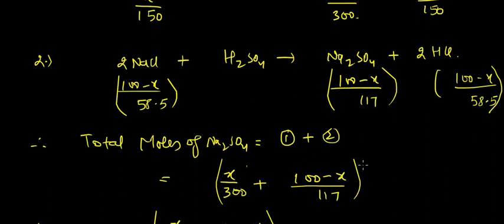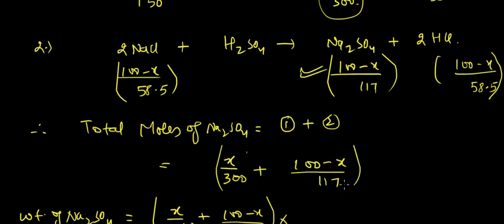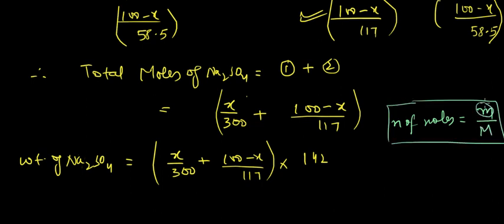Where are these two terms coming from? This one and this one. So x upon 300 plus 100 minus x upon 117 into the molar mass of Na2SO4, which is 142 gram per mole. This is the number of moles and this is the molar mass that will give us the weight of Na2SO4, because number of moles equals given mass upon molar mass. So mass would be number of moles into molar mass.